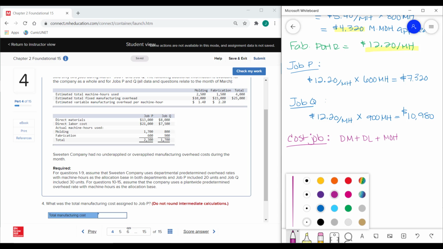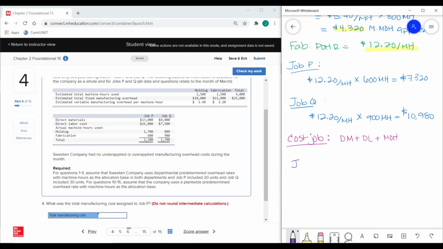So if we were to look at job P, we know the direct materials, right? The direct materials spent on job P is $13,000. What about direct labor? The direct labor spent on job P is $21,000. That's given to us, right? We keep track of that.